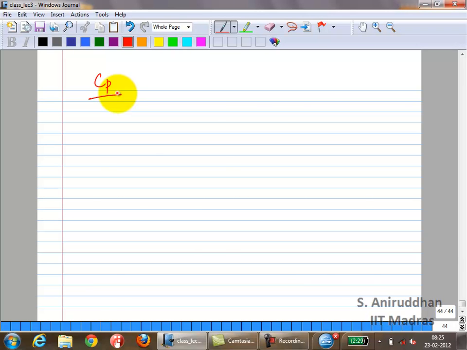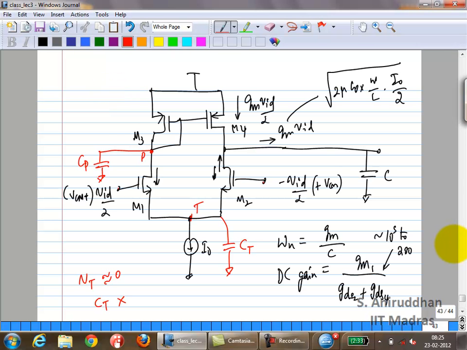Let's go back to the picture. It's second order because we have assumed that CT is not going to bother us. How many poles and how many zeros does it have? Two poles: you have two nodes, two capacitances, two poles. Does it have a zero?